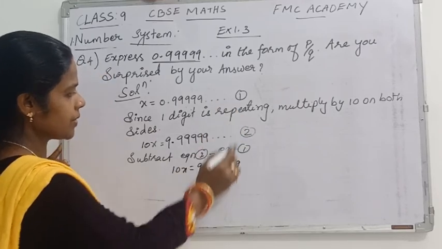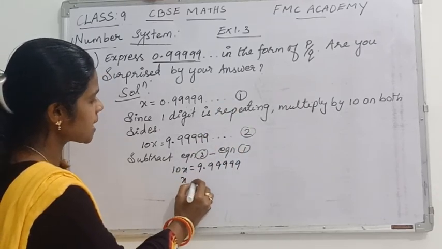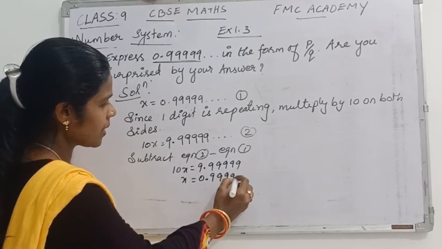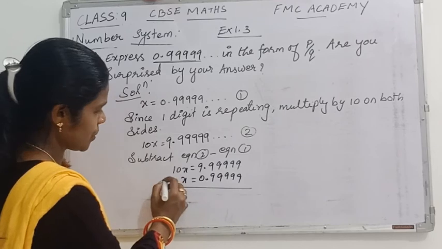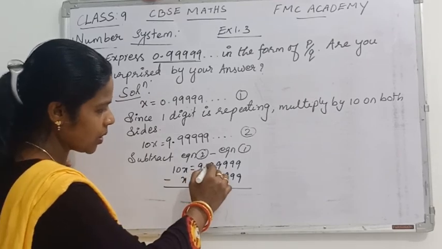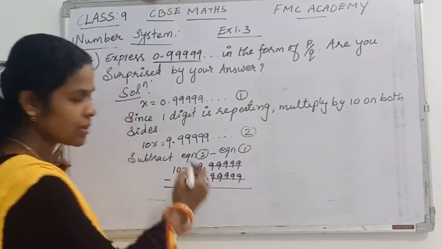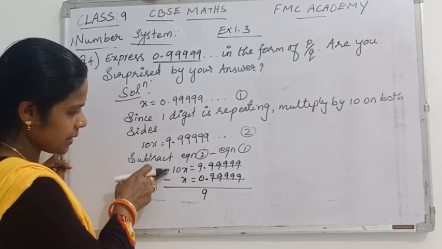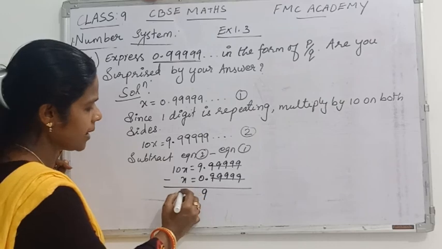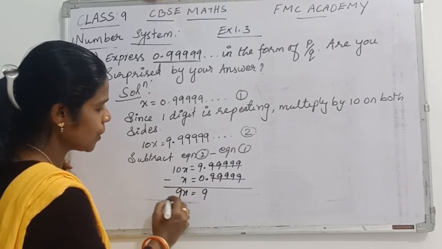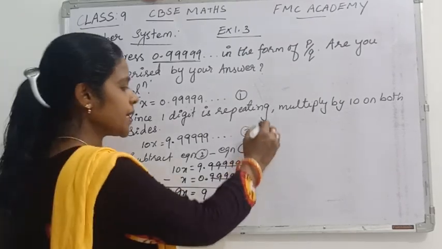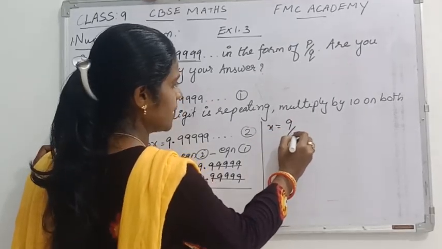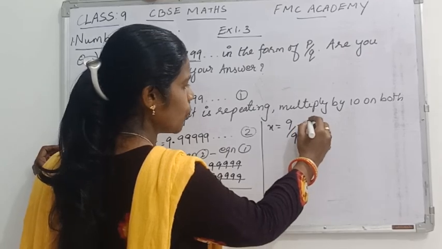Then the first equation, x is equal to 0.99999. When you subtract, after the decimal all the digits are the same, so you will get 0. 9 minus 0 gives 9. Here 10x minus x gives 9x equal to 9. So x is equal to 9 by 9, which is equal to 1.